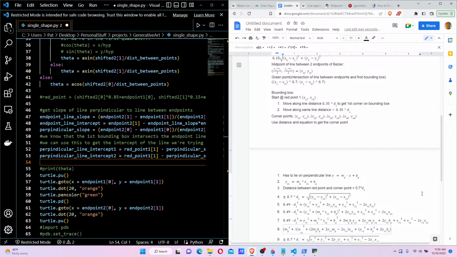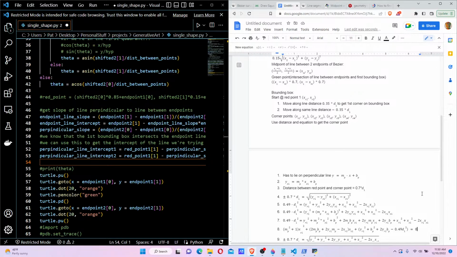Oh yeah, and then we have to minus 0.49 d1 squared. And that whole thing is equal to 0. So now we need the quadratic formula.